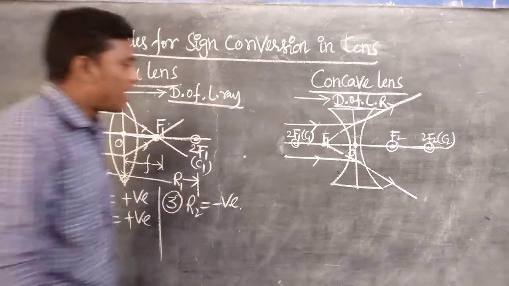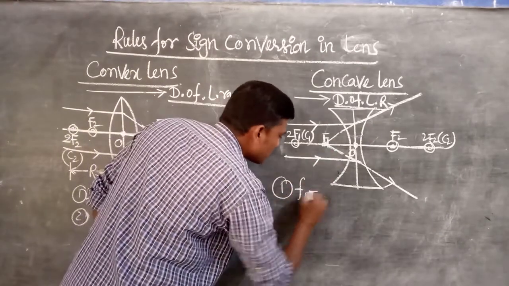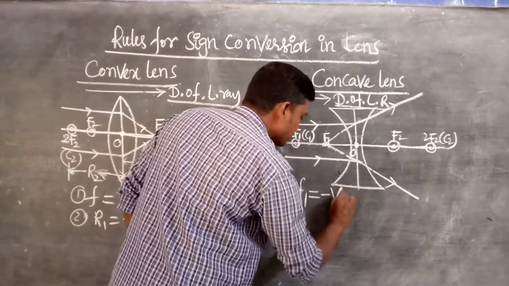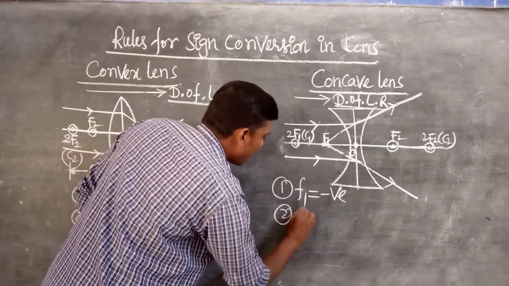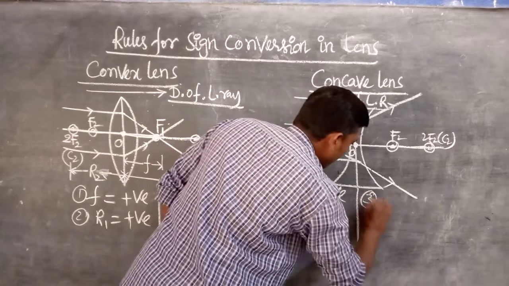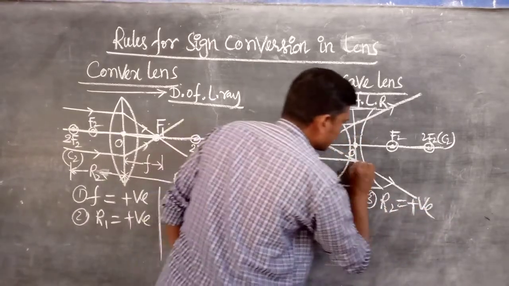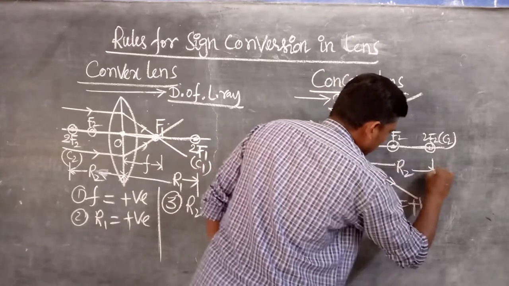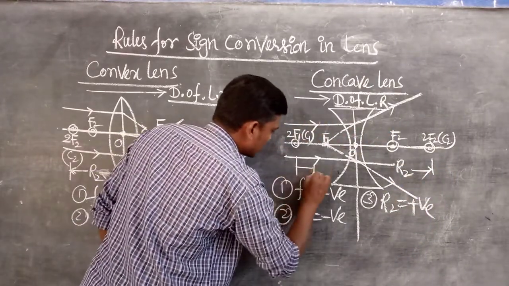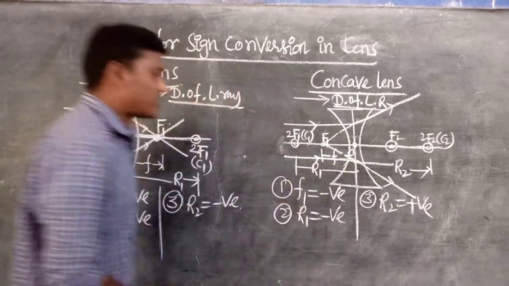In the same way, on this side also: F1 is what? Negative. Second, R1 is negative. Next, third, R2 is positive.